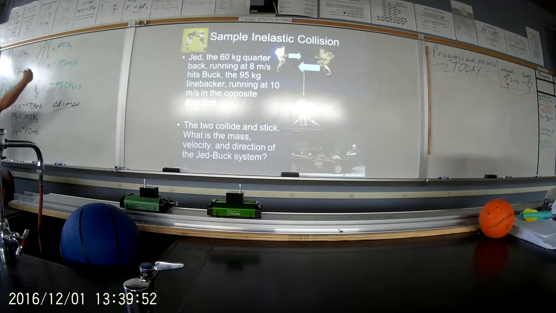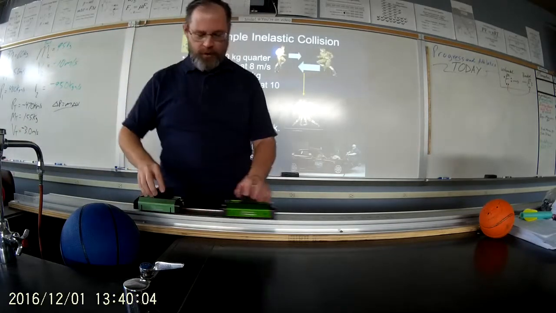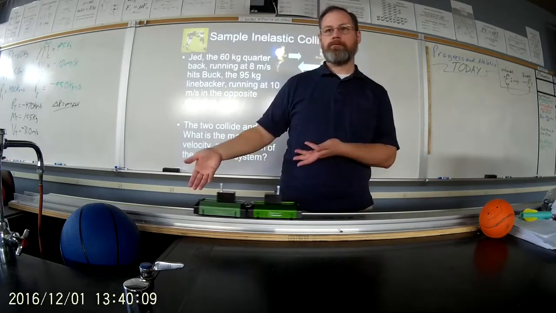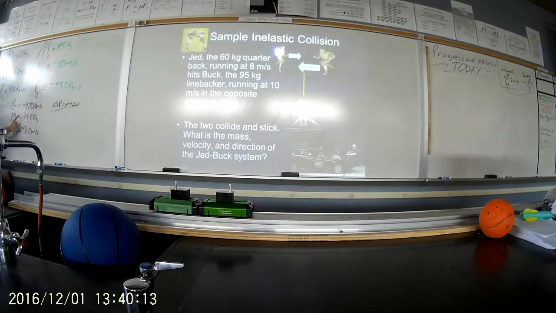We add the negative 950 from Buck to the 480 for Jed, they stick together. But because one has more momentum than the other, they're going to move together. It's kind of like if I made these two things stick, but I made one go really fast and one go really slow. So the overall momentum divided by the overall mass gives us the velocity of the two things together.